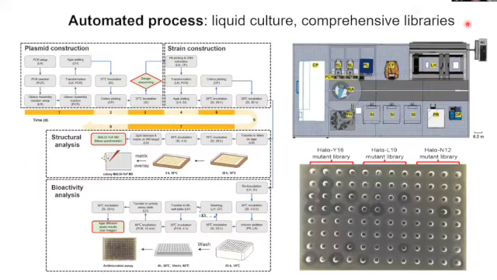So then we use one of these work cells in our biofoundry to do the plasmid construction. Basically we use Gibson assembly to create this library and transform it into the production host.